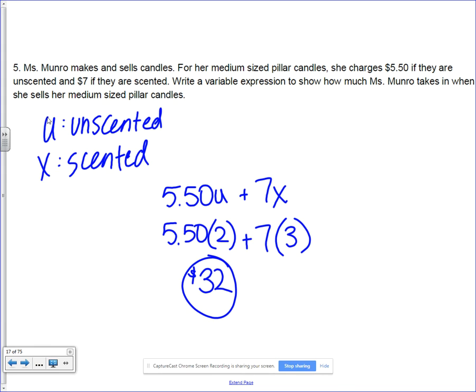Was that the last one on the front? Okay, let's flip it over to the back. Go ahead and read it. Let's see if you can do this one on your own. They give you the variables, so all you have to do is write the expression.